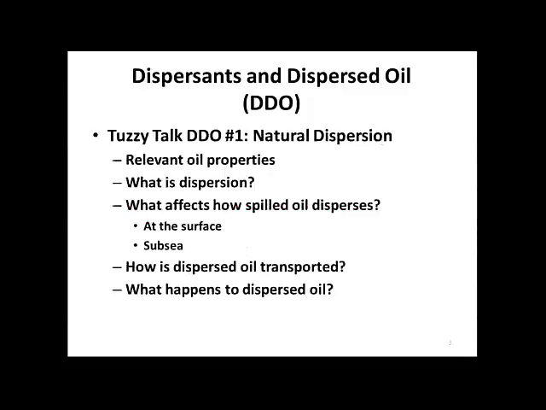We're going to talk about relevant oil properties, what dispersion is, what affects how spilled oil disperses at the surface of the water, and also if you have a subsea release, how dispersed oil is transported, and finally what happens to the dispersed oil droplets. Okay? Everybody set on what I'm going to talk about today?